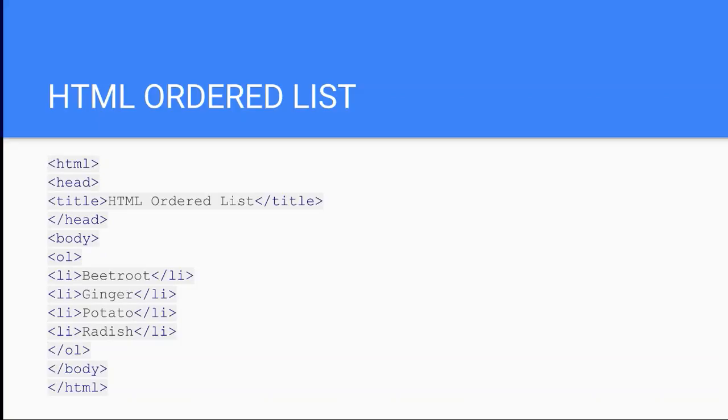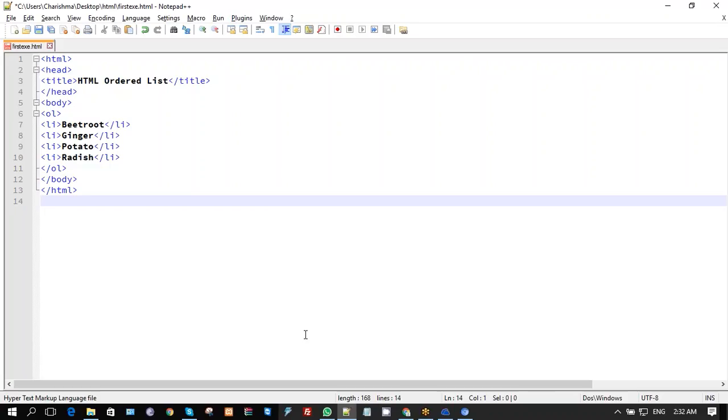So let's have a look at the code here. Instead of UL, unordered list, we mentioned OL here. It's an ordered list. So again, we have a few vegetables to list here. Let us see what happens when you execute this program. So this is the example for the ordered list.